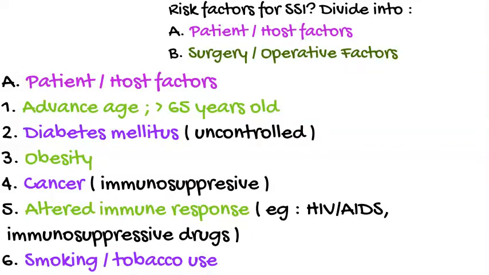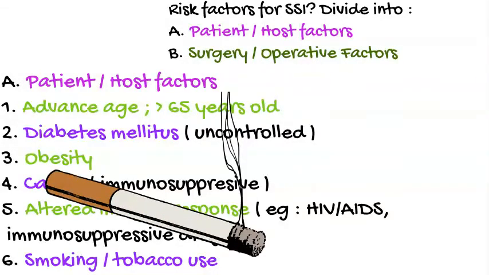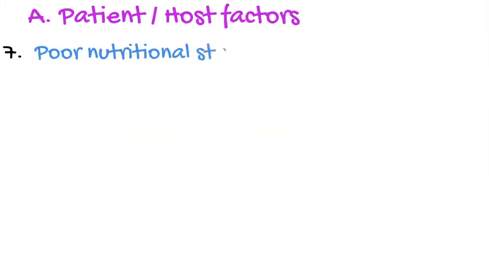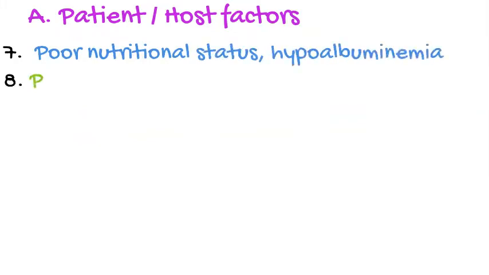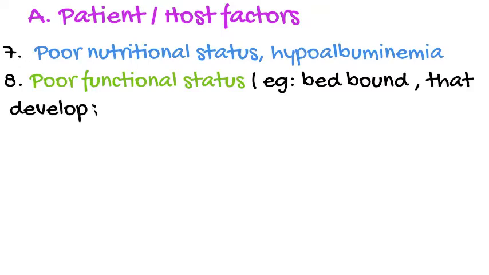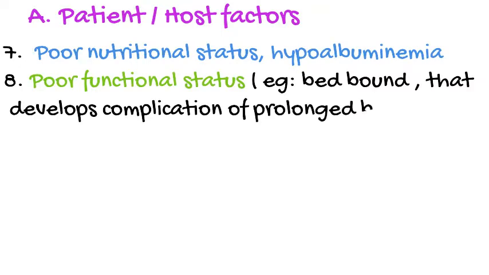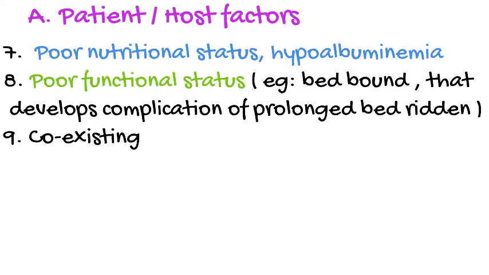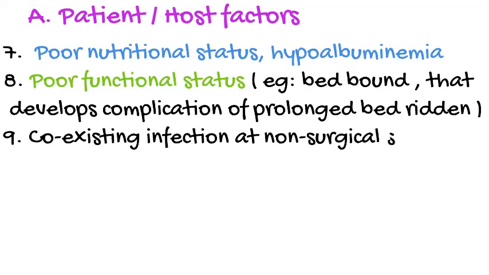I have already explained the reasons for each of the factors in my video on wound healing. 7. Poor nutritional status, where the patient has hypoalbuminemia. 8. Poor functional status, for example, the patient is bedbound.